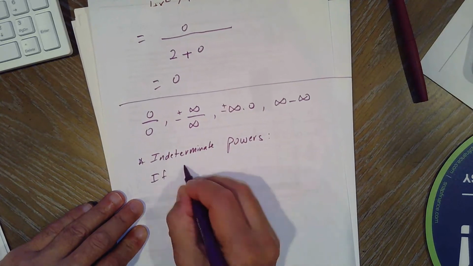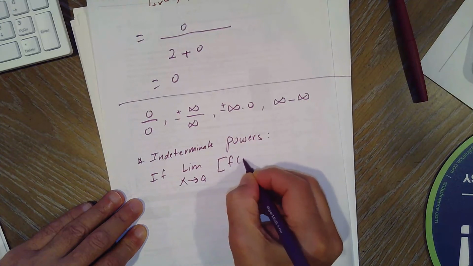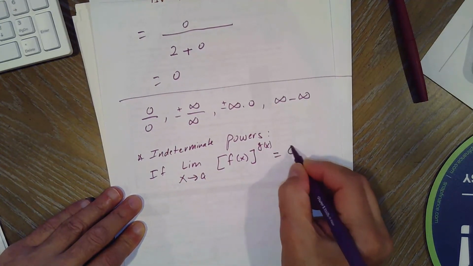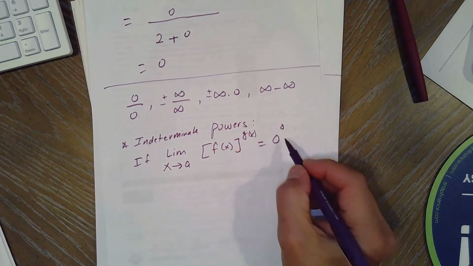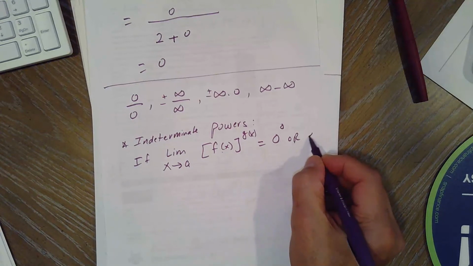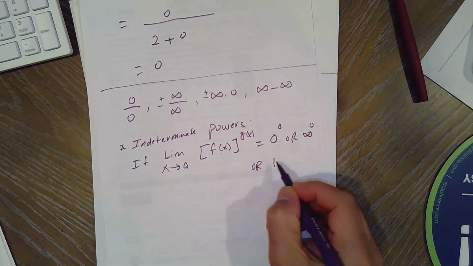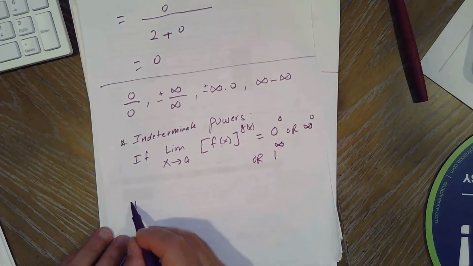So if the limit as x goes to a of f of x to the power g of x equals 0 to the power 0, so if both limits are 0, or the base is infinity and the exponent is 0, or the base is 1 and the exponent is infinity, then how do we fix this?